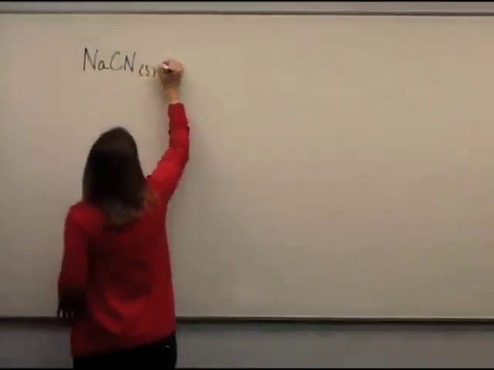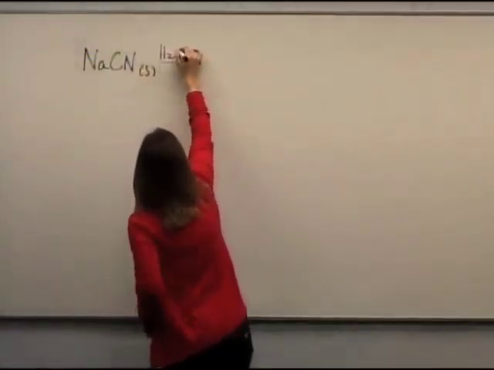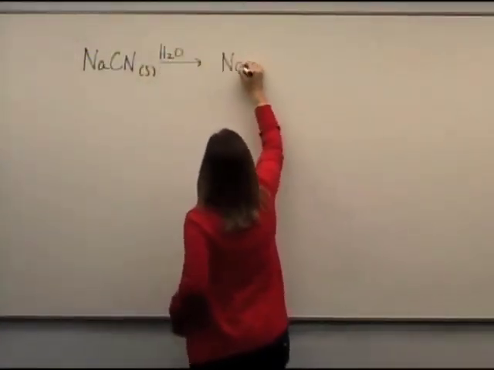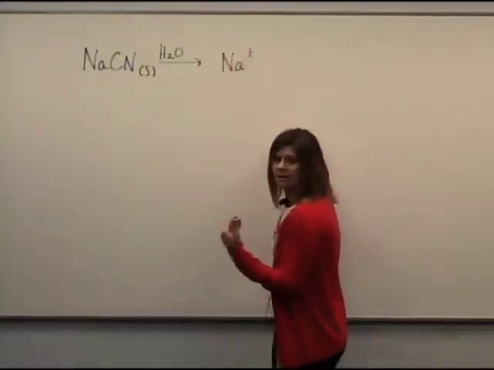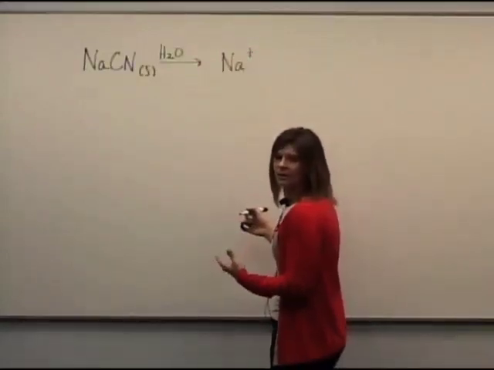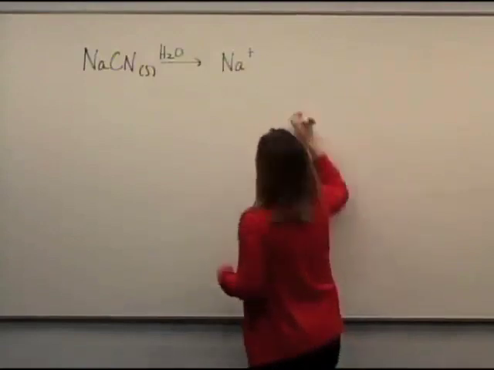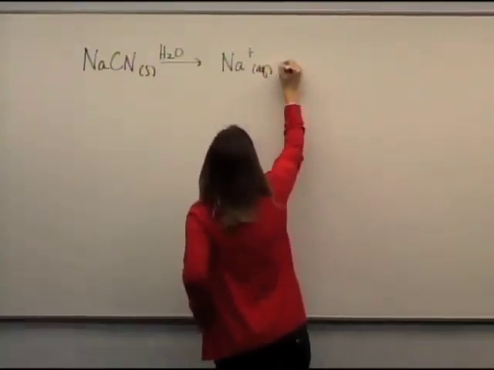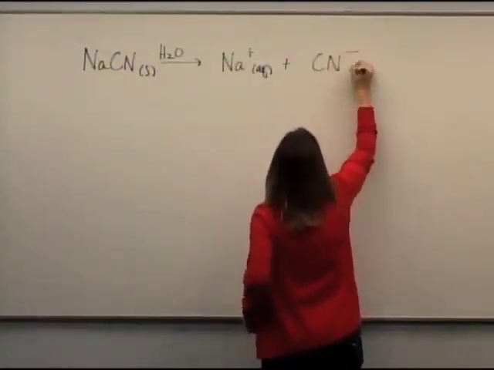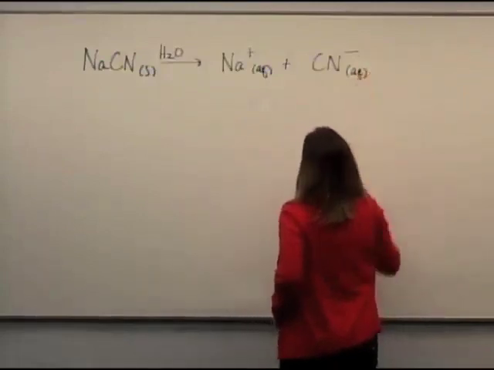Again, you'd say, all right, I'm going to put that into water. It's going to split apart into its separate ions. And here again is where if you don't know your polyatomic ion list, you're going to have a lot of trouble. So we have aqueous sodium and we have cyanide ions.